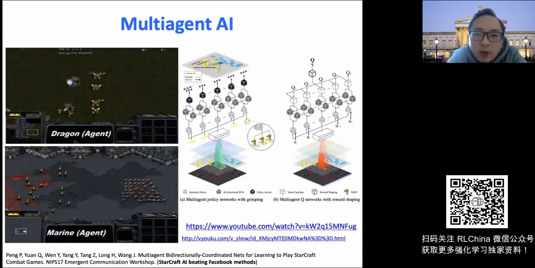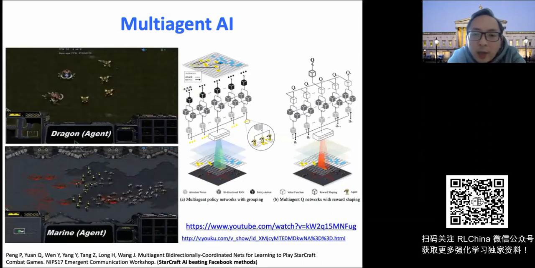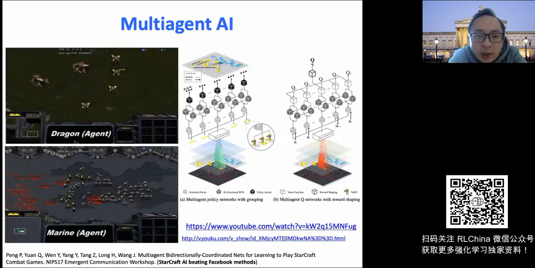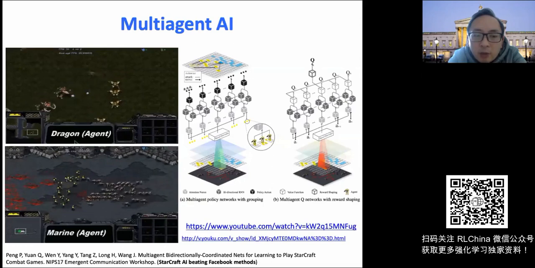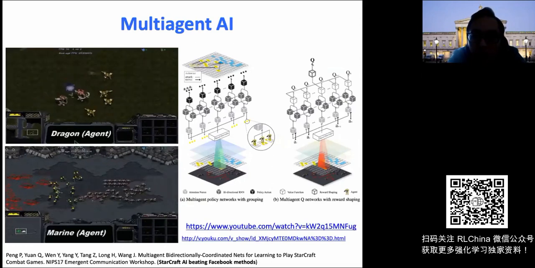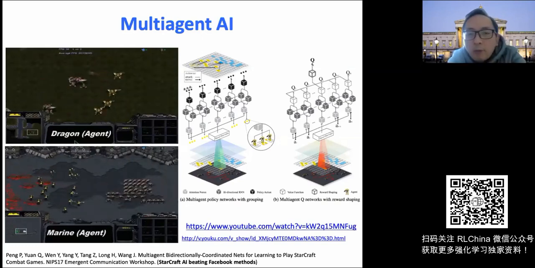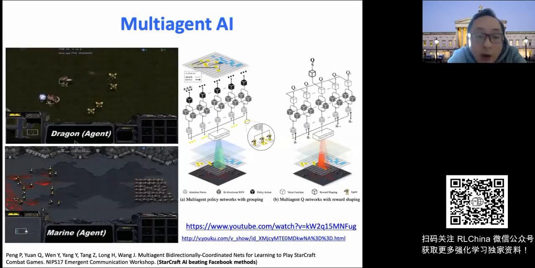One of the other relevant things is looking at communication. When you're talking about a multi-agent system, and you want to coordinate the agents, obviously they need to share some information. So we showed, using a neural network, building a recurrent neural network as a means of communication, that we could in fact encourage them to collaborate.